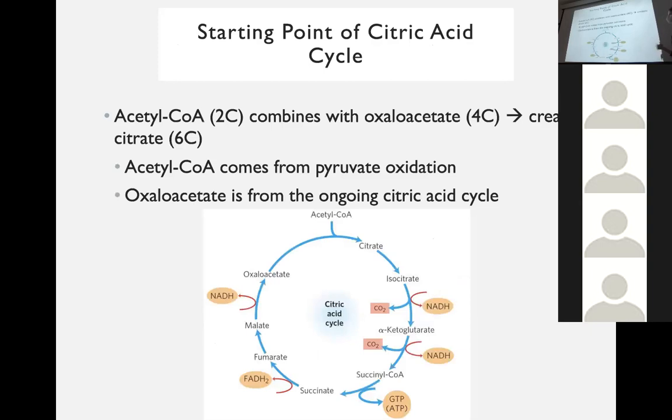Oh, so here I have it basically written out. If it's helpful for you to see it in text, I have these different parts that you need to know basically written out in bullet points. So a review, we have acetyl-CoA coming in. It has 2 carbons. It's going to combine with the 4-carbon oxaloacetate, so we get the 6-carbon citrate.